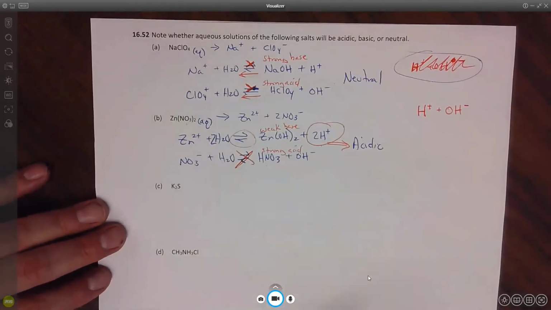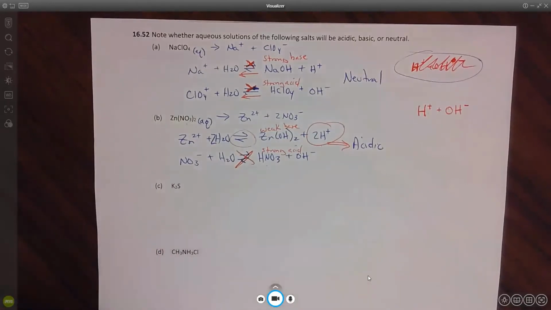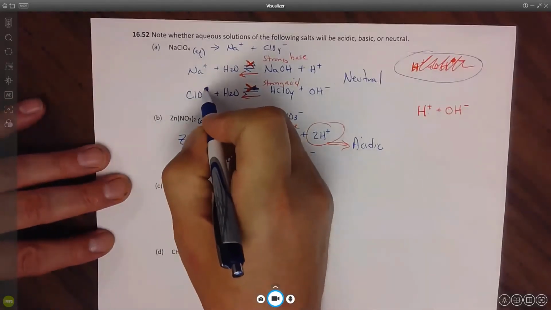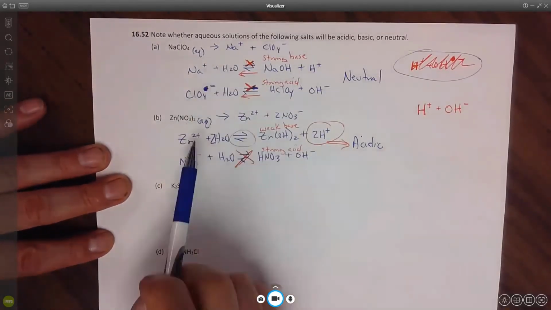Eugenie, what about the potassium sulfide? Acidic, basic, or neutral? Okay, by the way, this isn't ClO4 plus, right? It's ClO4 minus. I'm sorry.